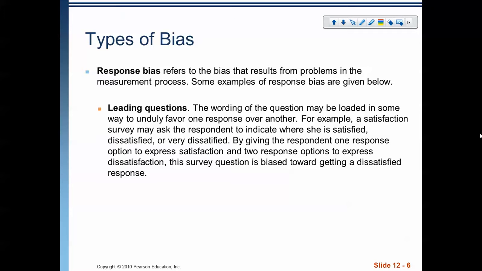Or did we not do real well? Well, you're given three options. Maybe they didn't do fantastic, but they did okay, and so you're going to put the middle one that says great, right? By not giving appropriate options to measure their satisfaction, you're going to have less people say that they're dissatisfied.